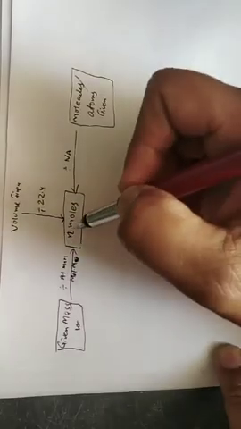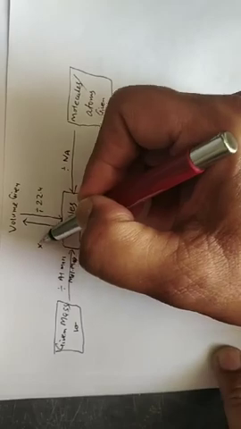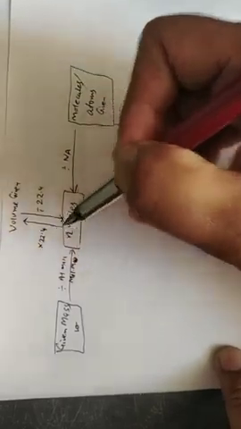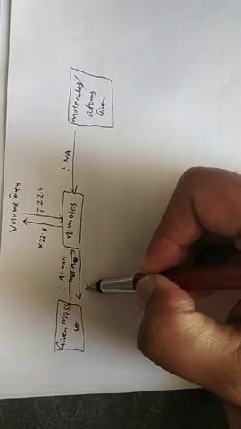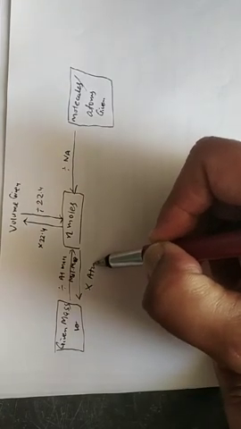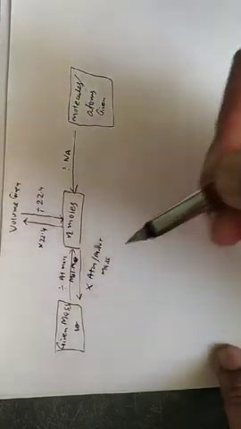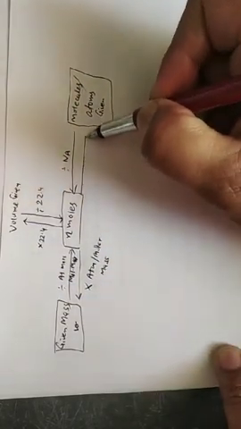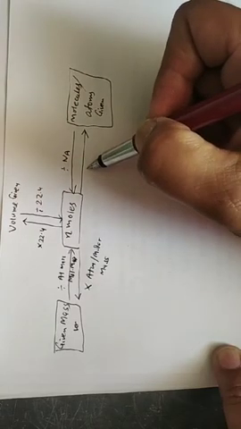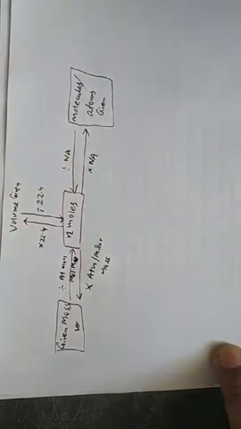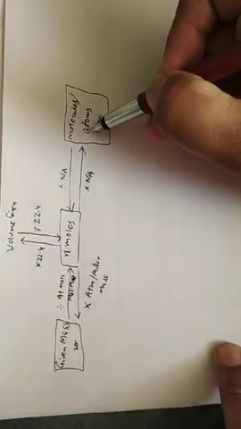Just reverse: when moles are given, you want to change it into volume, so multiply by 22.4. Moles are given, you want to change it into mass, so multiply it by atomic or molar mass. If moles are given, you can change it into number of molecules, multiply by Na.